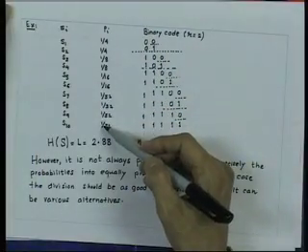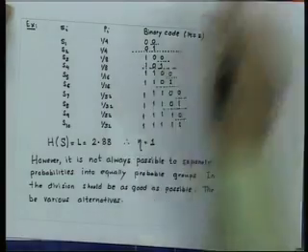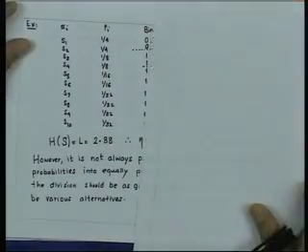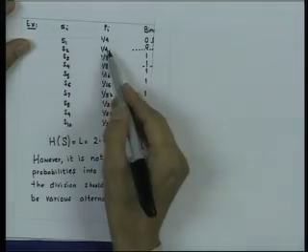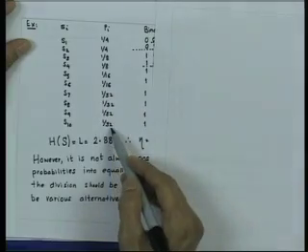So, in our case we have to divide this list of probabilities into two groups because we are considering binary alphabet. So, the first thing is you divide this into two groups, this becomes half and this obviously is half.